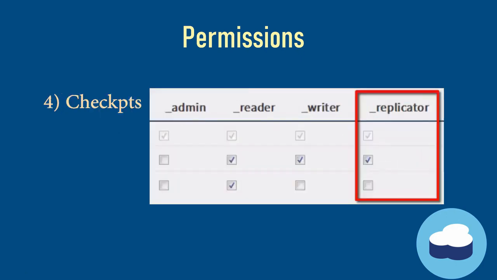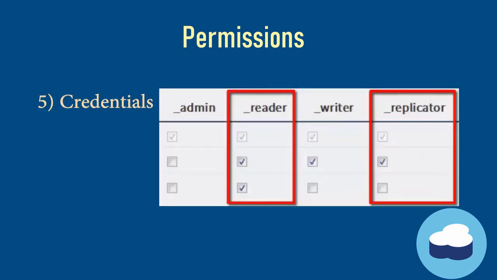The replicator role allows a replicator to write checkpoints but not to have world writable permissions on the database. Use a replicator role along with reader mode if you want to provide credentials to another party to replicate a database without giving world writable permission.